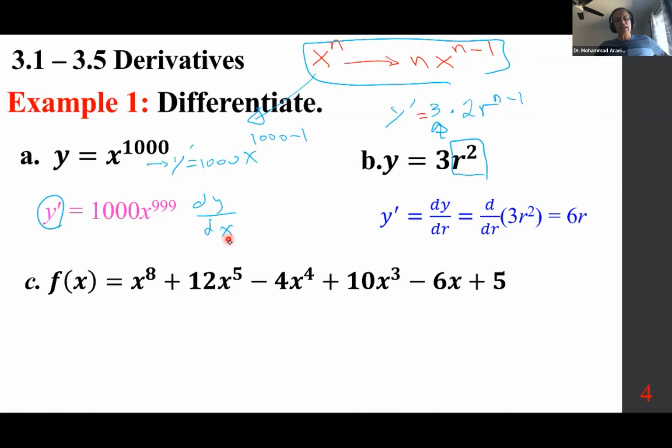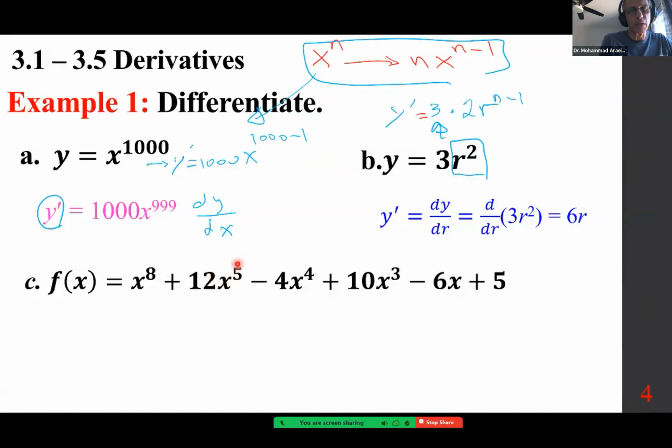Now, what if we have a bunch of terms? So we have a polynomial, and we are going to differentiate term by term. X to the power of 8. Again, we are using the power rule. 8x to the power of 7 plus 12 remains.